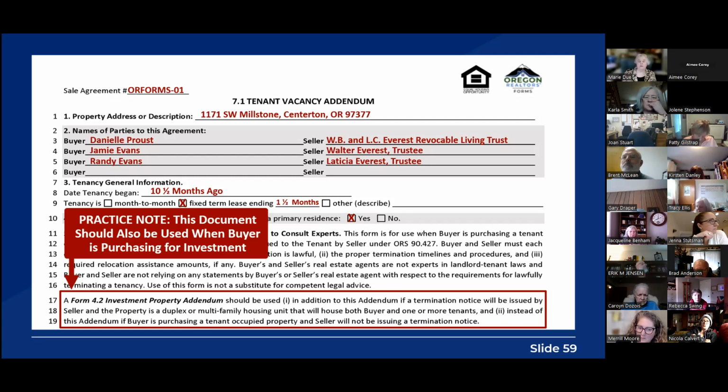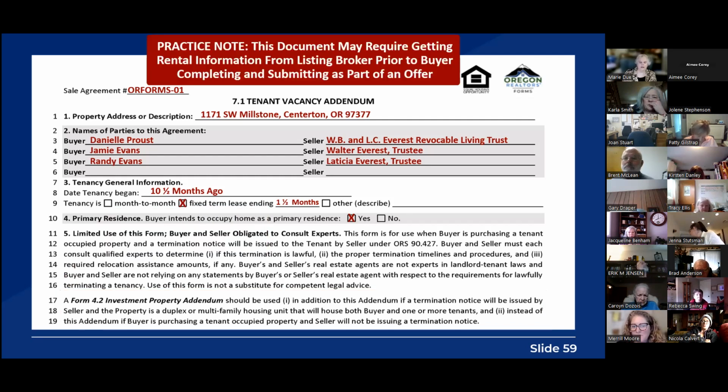So seller will not be issuing a termination notice on it. That is one of the items that could probably change, so keep that in mind. And here's another thing we put in here, and I wish we didn't have to, but we do. Buyers, sellers, and real estate agents are not experts in landlord tenant laws. If they have any questions, they need to seek legal advice.